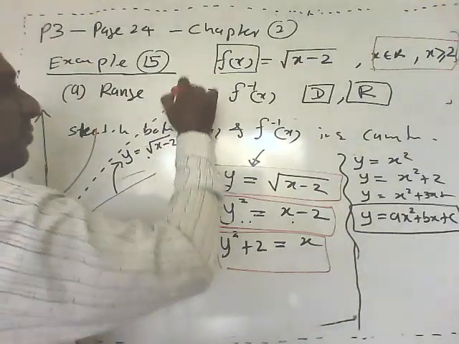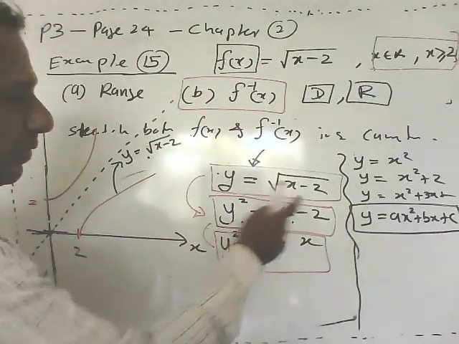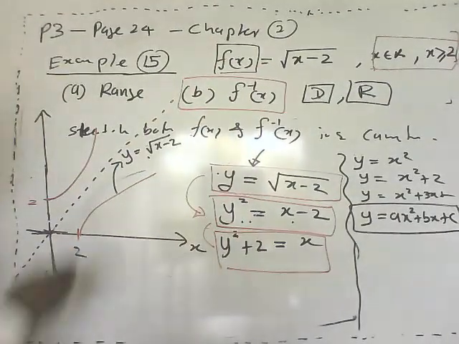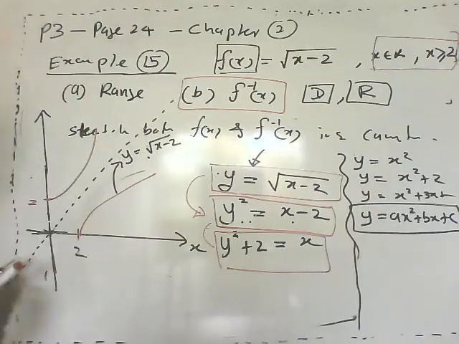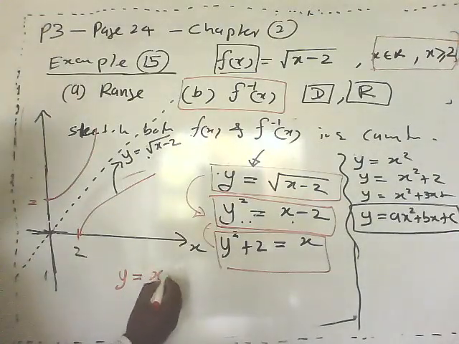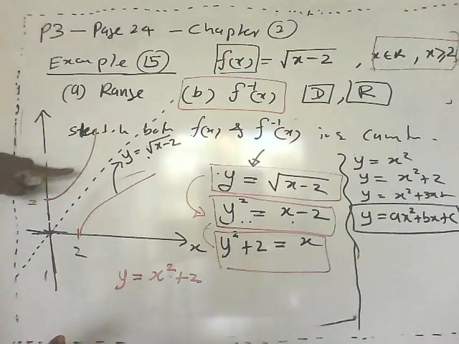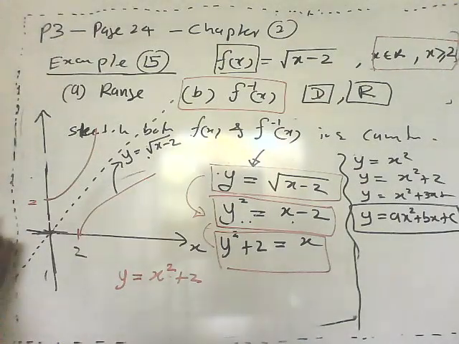For part B, we will just swap the y and x. Here also you can see from the graph, surely this is f inverse x, this is actually y is equal to x squared plus 2. But he gives both sides. We have to take only the right hand side of this.